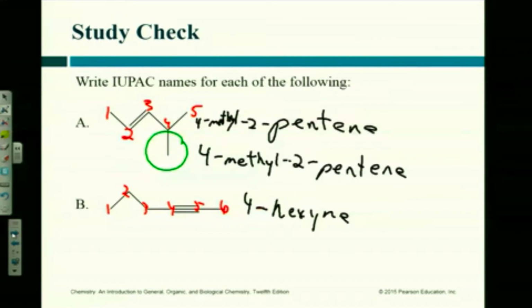It should have been numbered so that it was what? 2-hexyne, because 2 is less than 4, isn't it? So this is 2-hexyne. Okay? See how the number tells you where it's located?